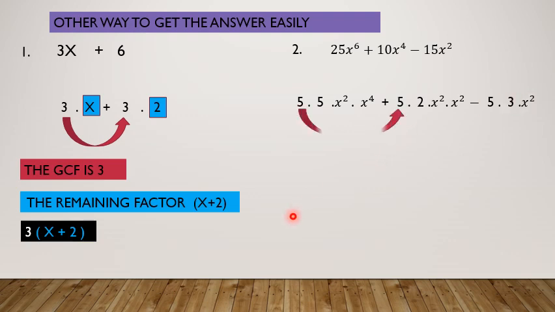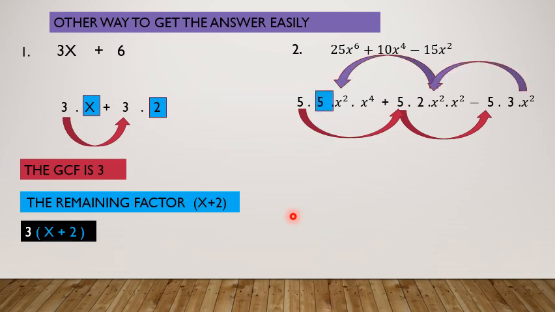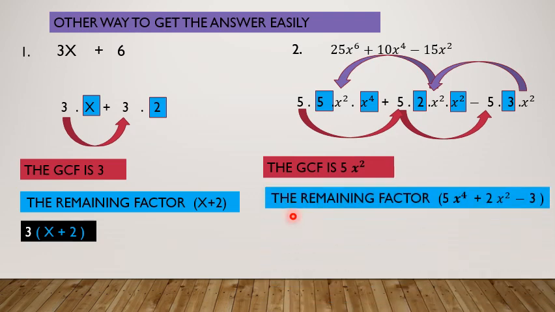Okay, kunin natin sa GCF. Ayan, si 5. Ayan, si X squared. Okay. So, the GCF is 5X squared. So, ang remaining niya ay 5 X raised to 4, 2 X raised to 2, at 3. Ayan, GCF. Remaining factor. Right?